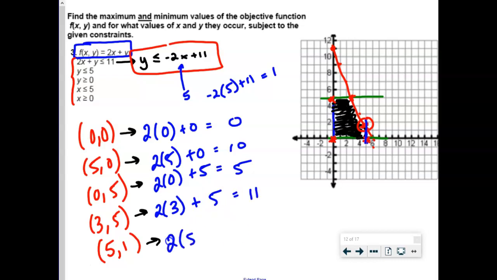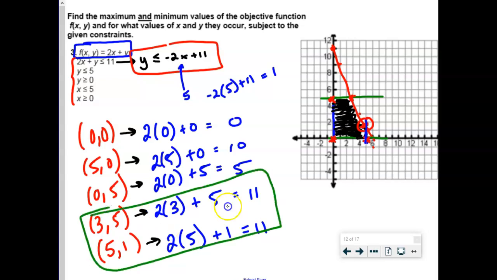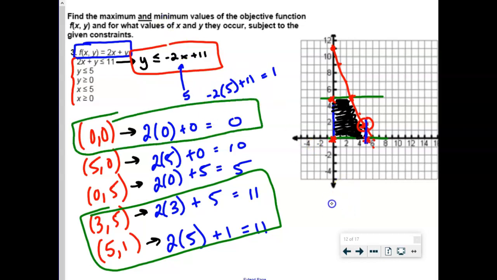And then 2 times 5 plus 1 also gives me an 11. So this is another case where there's more than one optimal solution for a maximum. And then the minimum is 0. They want both the maximum and minimum. So we say you have a minimum of 0 at (0, 0).